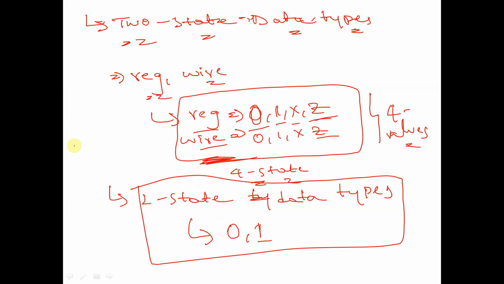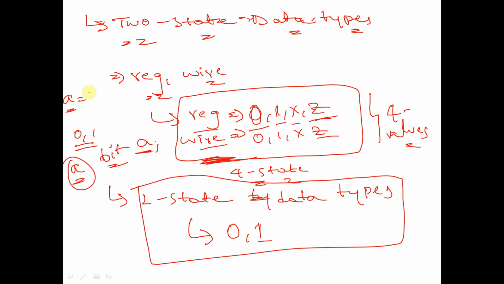And if we try to assign any other value other than these two states to this data type, then it will convert those values into 0 or 1. For example, suppose bit is a two state data type, and if we declare variable a as bit, so a becomes a two state data type.